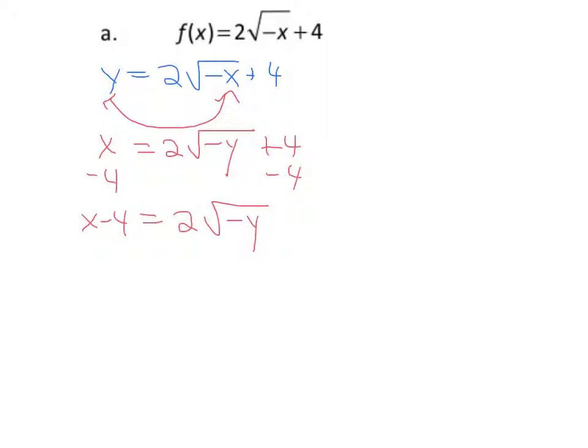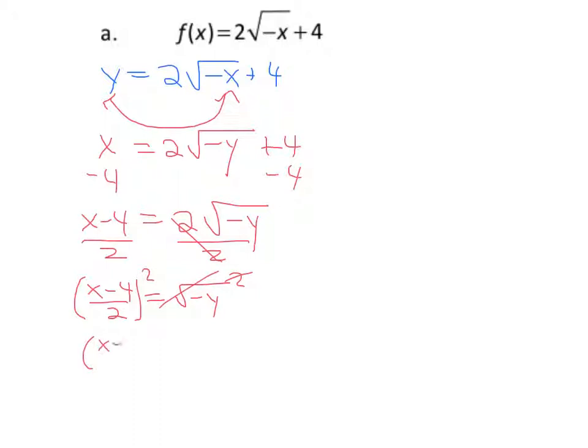Next I would divide by 2 on both sides, and we get x minus 4 over 2 equals square root of negative y. Then we would square both sides to cancel out the square root, and we get x minus 4 over 2 squared equals negative y.